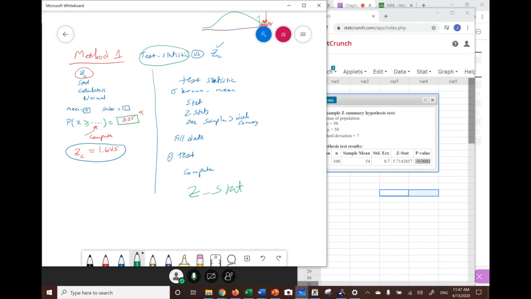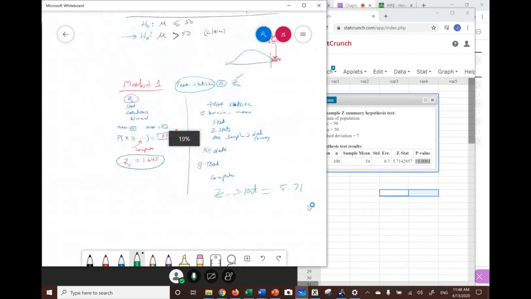Remember, test statistic is a general name. So if it's a Z test, it's called Z statistic, stat for statistic. Now, if it's a T test, it's going to be T statistic. If it is a proportion, again, it's a Z statistic. So the Z statistic that I get is 5.71.